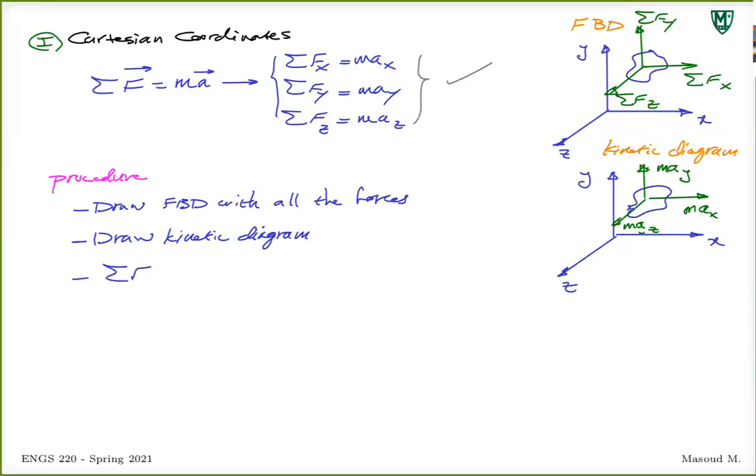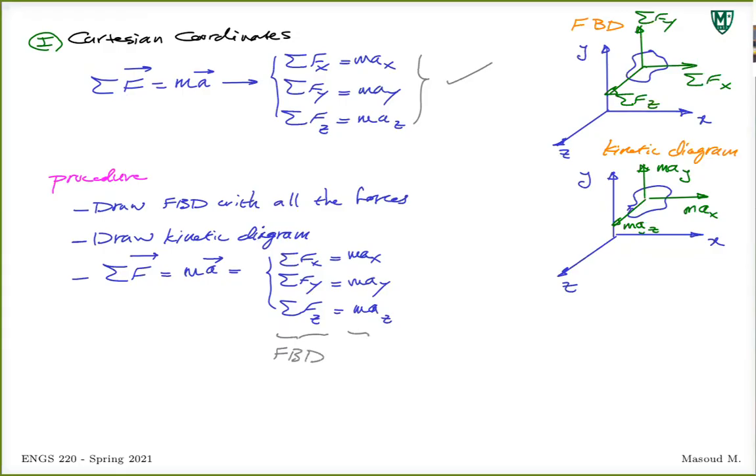Which is summation of forces equals ma. This one, let me write it again. Summation of forces in x is max. Summation of forces in y direction is may, and summation of forces in z direction is maz. This is coming from your free body diagram, this side, and this is coming from your kinetic diagram.